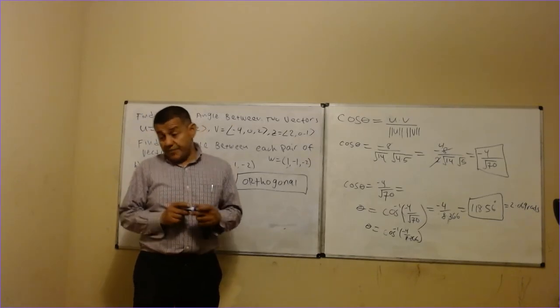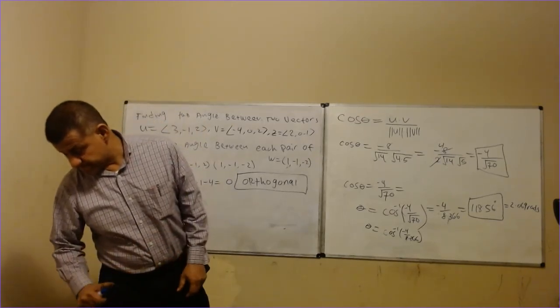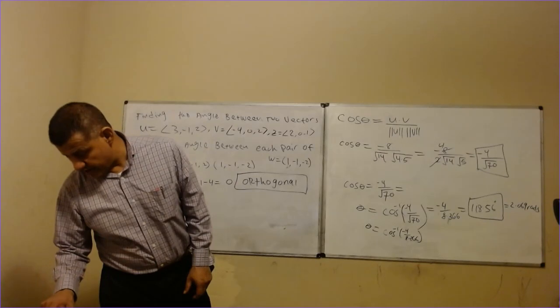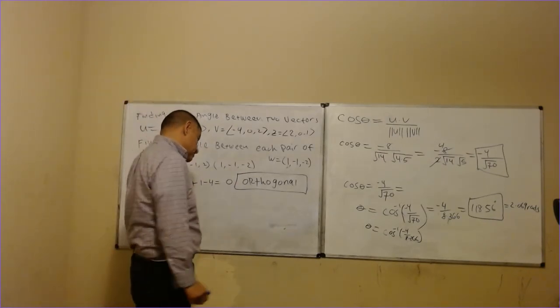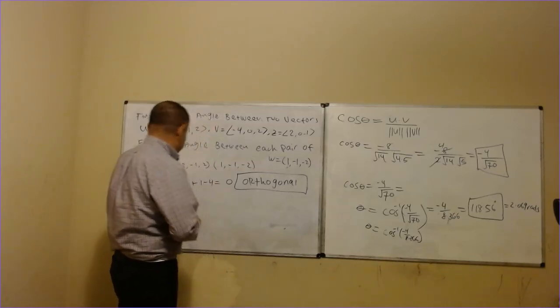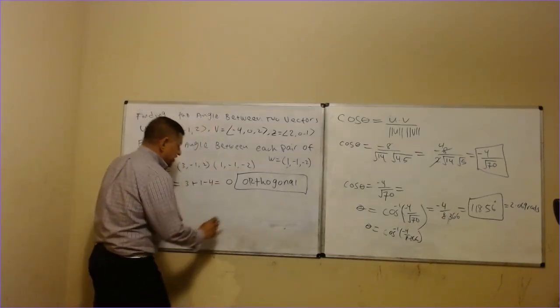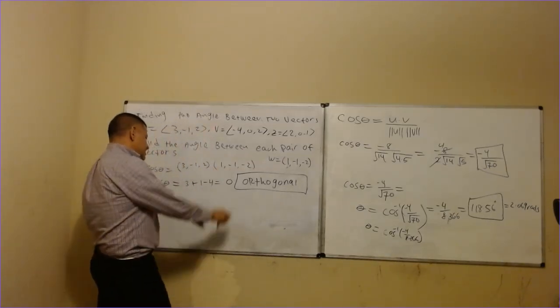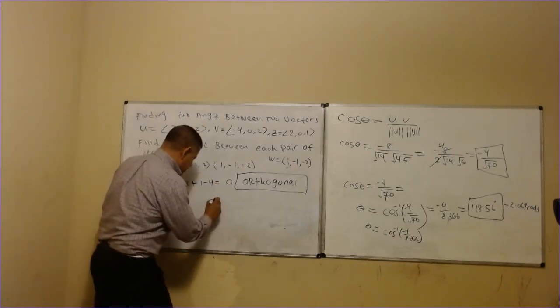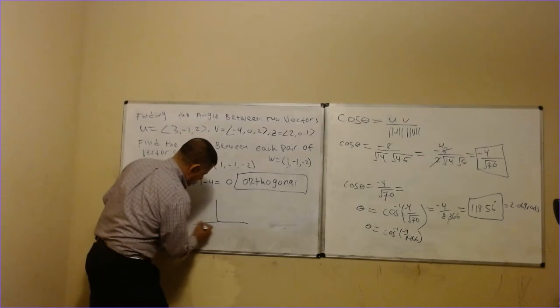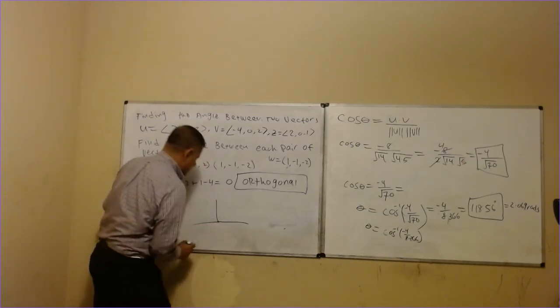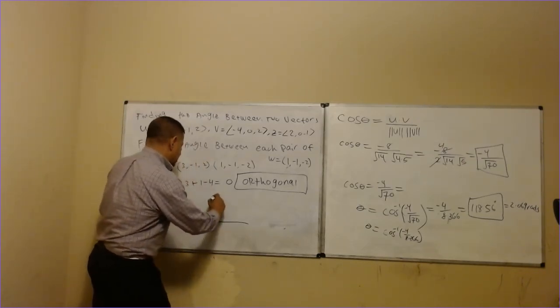Okay, so we got part B. Now, also remember, when this is equal to 0, then this means this is at the origin. What does that mean? What is this angle?